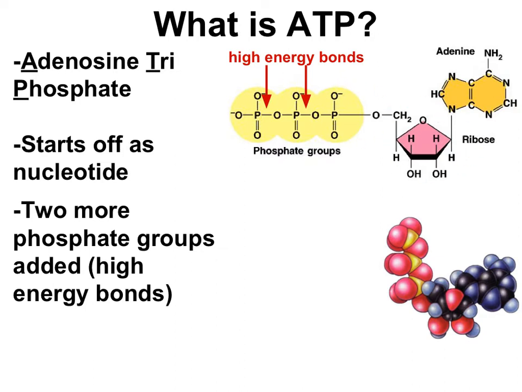How ATP is different is that ATP is the nucleotide plus two additional phosphates. The additional phosphates are attached by covalent bonds, and the biochemical nature of phosphates makes these high-energy covalent bonds. The reason these bonds are high energy is all in the biochemistry.